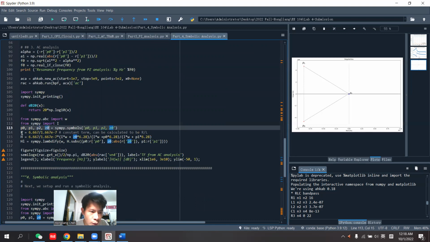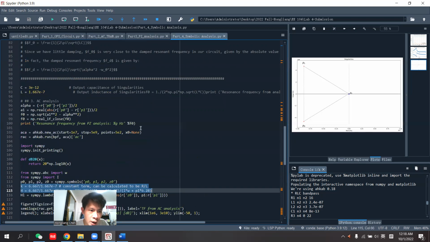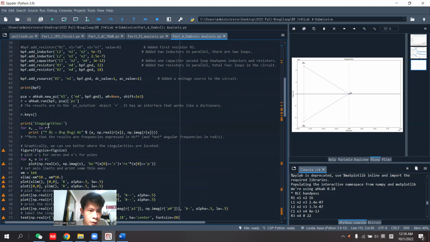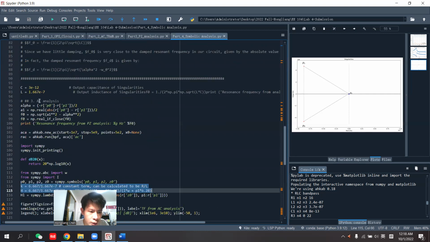The K value and the H value in this case are the same as what we had in the pole-and-zero analysis.